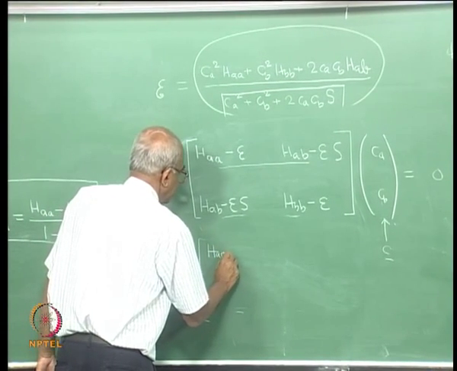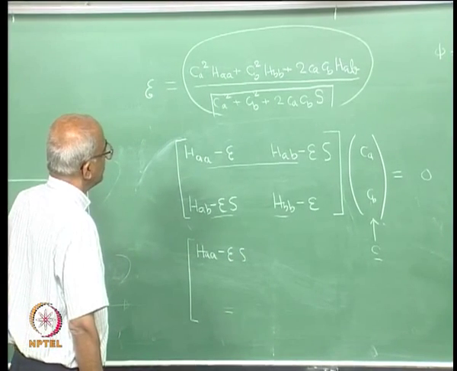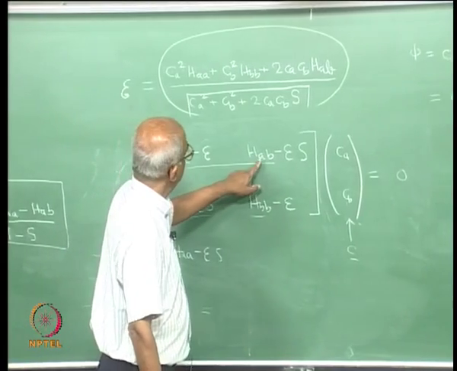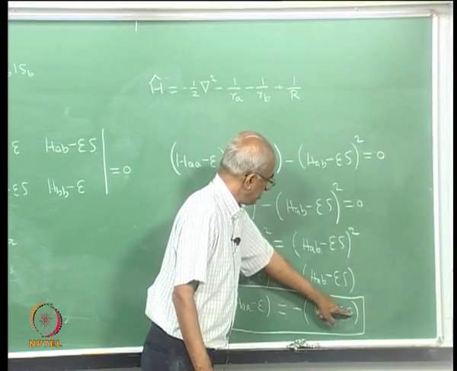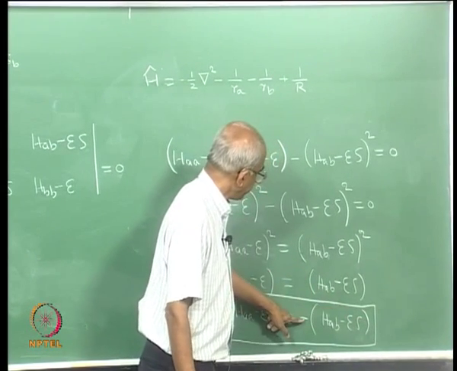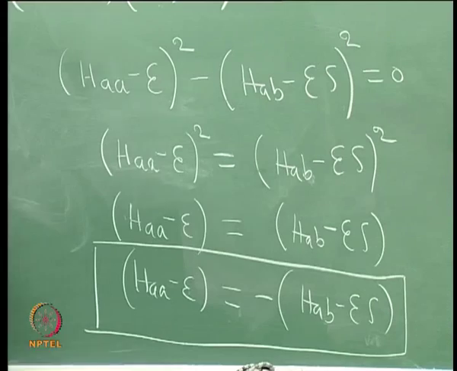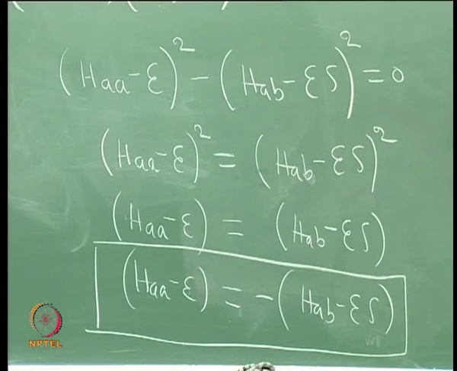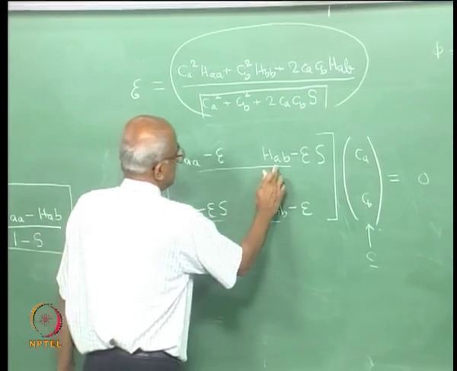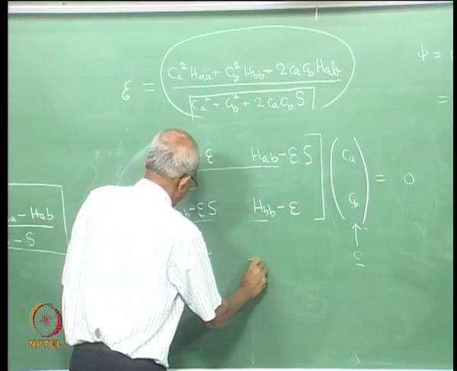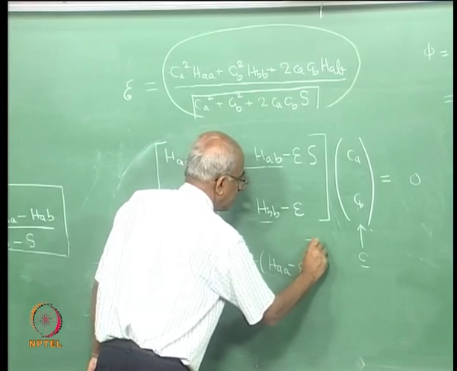H A A minus script E into S, right. This equation tells me that this object multiplied by minus 1 is actually equal to H A A minus script E. So, therefore, the quantity that is occurring, there is no S here, H A A minus script E, then this one is actually the negative of the same object, correct.